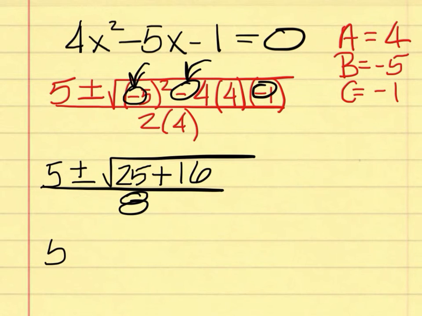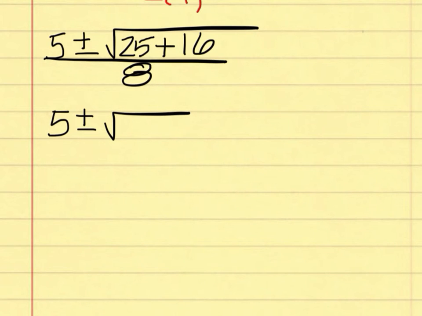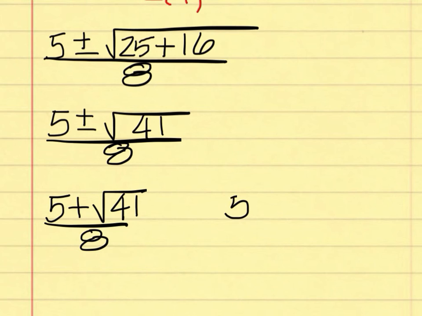So I need 5 plus or minus the square root of what? 41 is right, and that's over 8. Alright, so I need to do 5 plus the square root of 41 over 8, and then 5 minus the square root of 41 over 8.